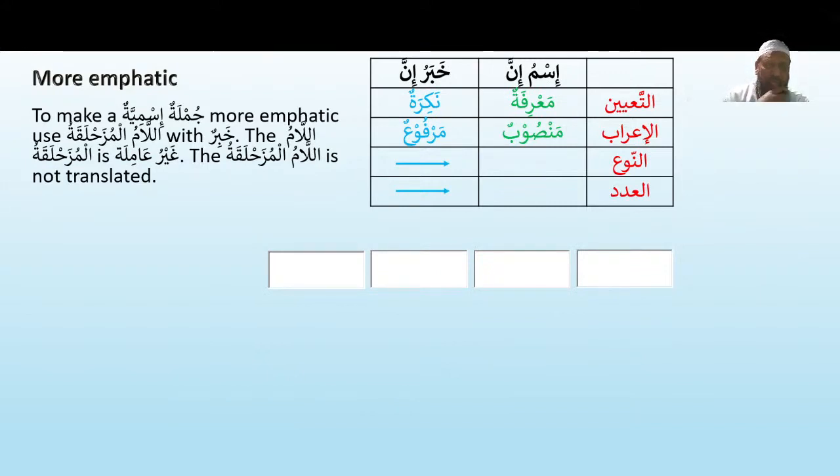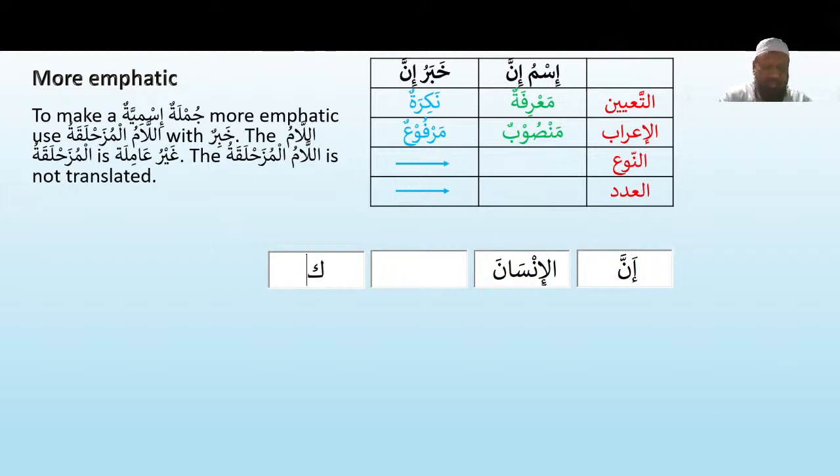Okay, one more example of اللام المزحلقة. This is very interesting. Look at that. إن الإنسان.